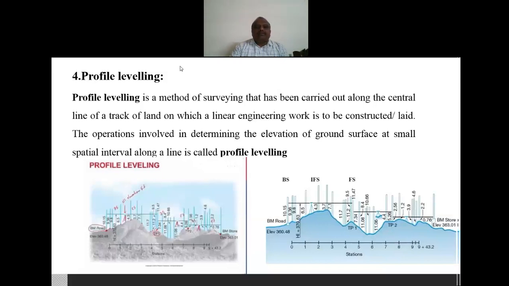By using this profile leveling, we come to know the difference of elevations, or the profile of the earth can be determined. This profile leveling is used for the calculation of the elevation of points with respect to a reference datum line.